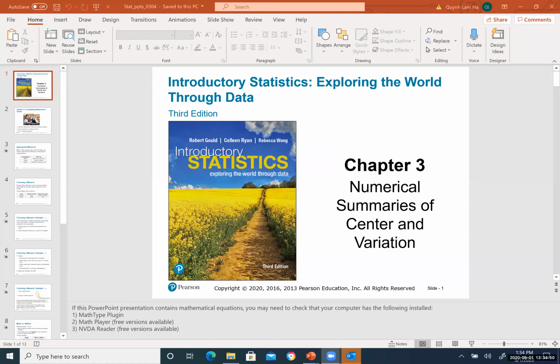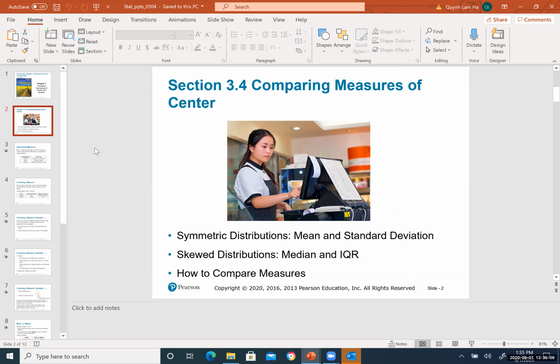For 3.4, you have already learned sections 3.2 and 3.3. Sections 3.4 and 3.5 summarize what you have learned from numerical data and categorical data. So let me walk you through 3.4.